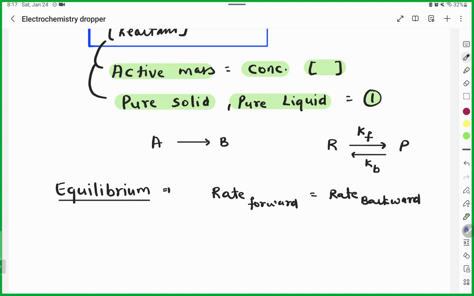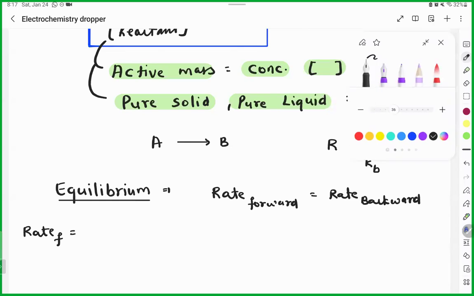So Hina, how to write the forward speed, the rate of the forward reaction? Like for any given reaction, reactant converting into product.